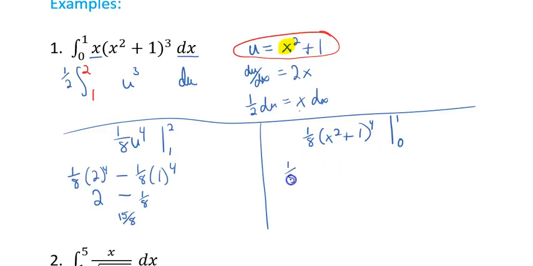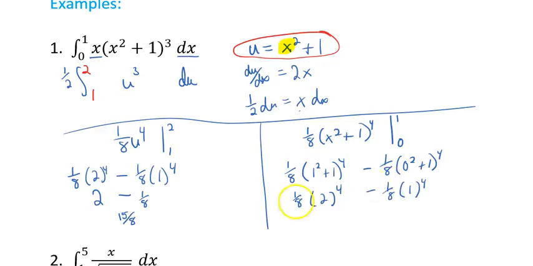So 1/8 times 1 squared plus 1 to the 4th minus 1/8 times 0 squared plus 1 to the 4th. And sure enough, you get the same thing. 1/8 times 2 to the 4th minus 1/8 times 1 to the 4th. So it's really the same line as what we had right here. And again, that ends up to be 2 minus 1/8, which is 15/8.